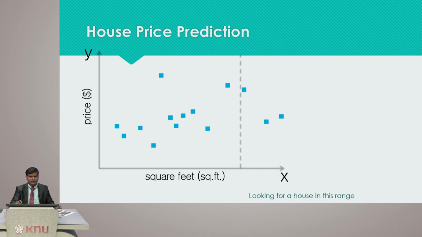Or maybe, let's say this is 2000 square feet, and at this 2000 square feet there is no house available, so we don't know exactly the price of the house. Maybe then you can look for another range.